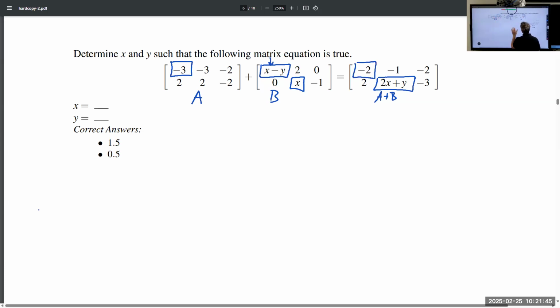So taking it a little bit out of the matrix, let's look at that. -3 plus x minus y equals -2. And then this other one, everything had to do with column 2. So it says that 2 plus x equals 2x plus y.